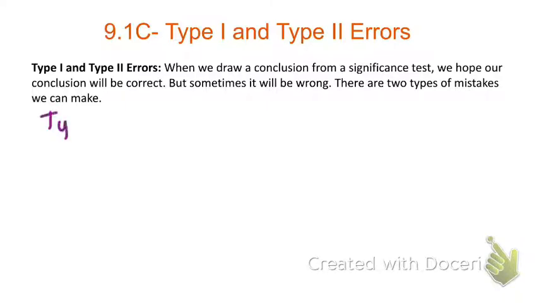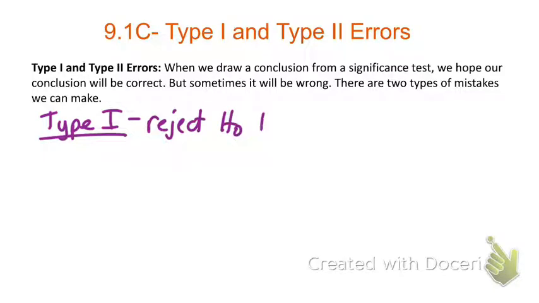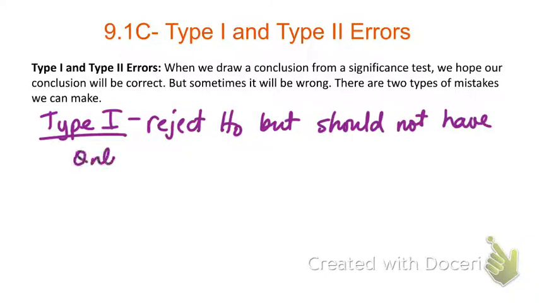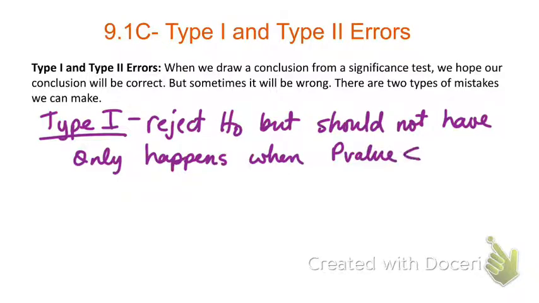They are type 1. A type 1 error is when we reject the null hypothesis, but should not have. Now, this only happens when the p-value is less than the significance level of alpha.